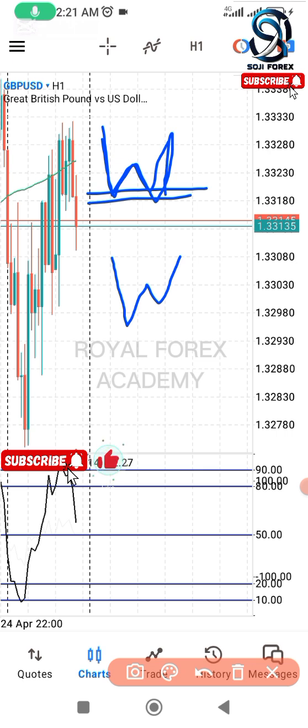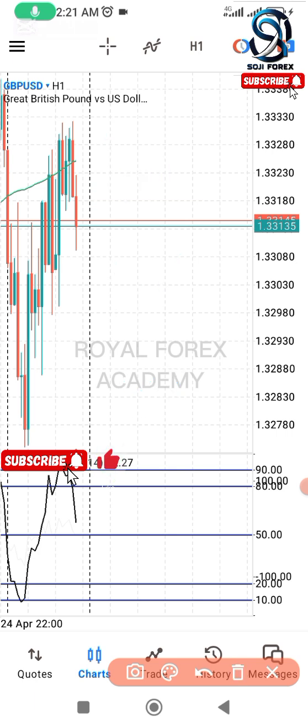Then we have another one in which the first leg is short and the second leg is longer than the first one. So these are the major types of W pattern that we have, which is referred to as a double bottom chart formation. Now the question is, how do we make our entry?